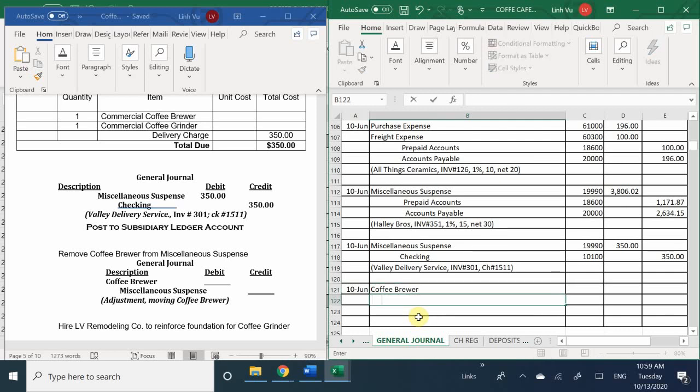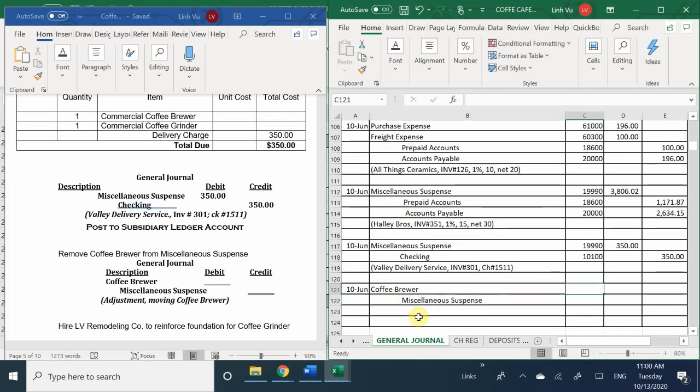All right? And of course, we're moving it out of the miscellaneous expense account.